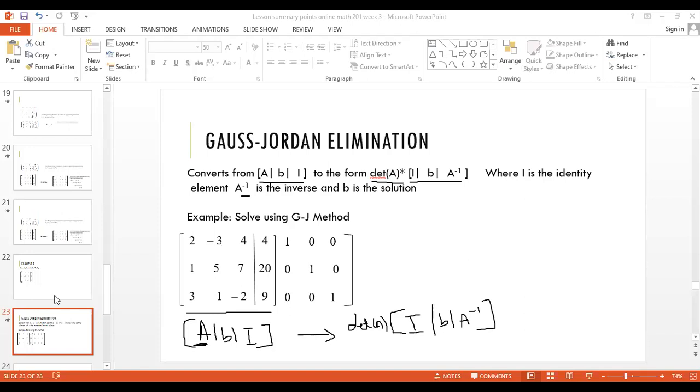Good. So as our first example, we want to try this simple 2x2 system.